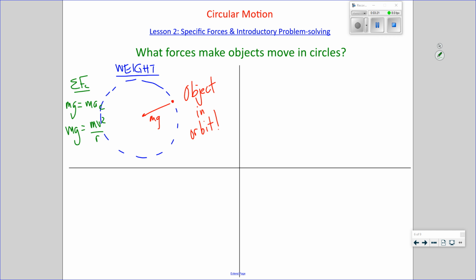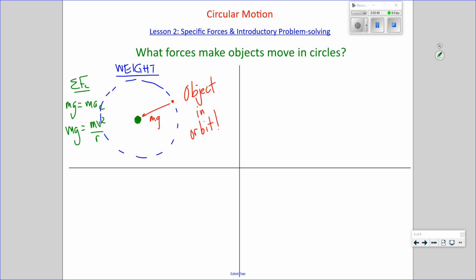The more important part right now is you can understand that when an object is in orbit around another object, say the green thing's the Earth and the red thing's the moon, or the green thing's the Earth and the red thing's a satellite, or the green thing's the sun and the red thing's a planet, it's the force of gravitational attraction that the center object exerts on the orbiting object that makes the orbiter move in a circle.